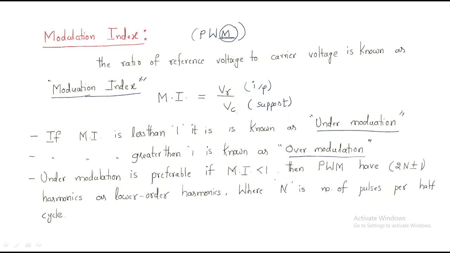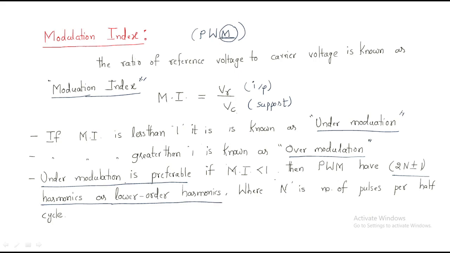But of the two modulations, which is preferred? We will discuss in the next point. Under modulation is preferable always. This is a very important point. If the modulation index is less than 1, then pulse width modulation generates 2n plus or minus 1 harmonics as lower order harmonics.